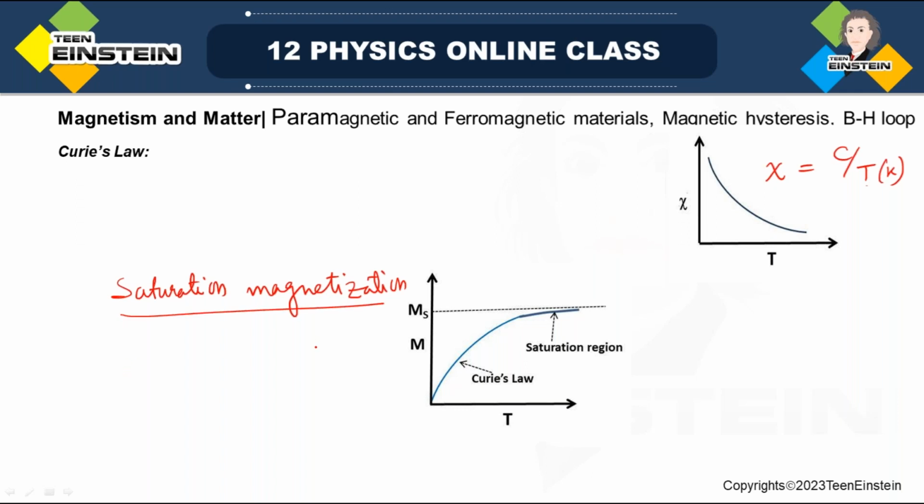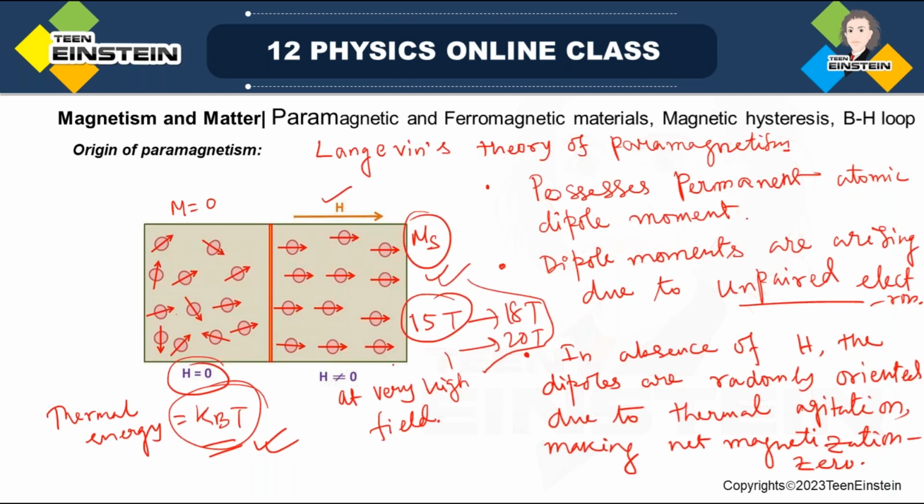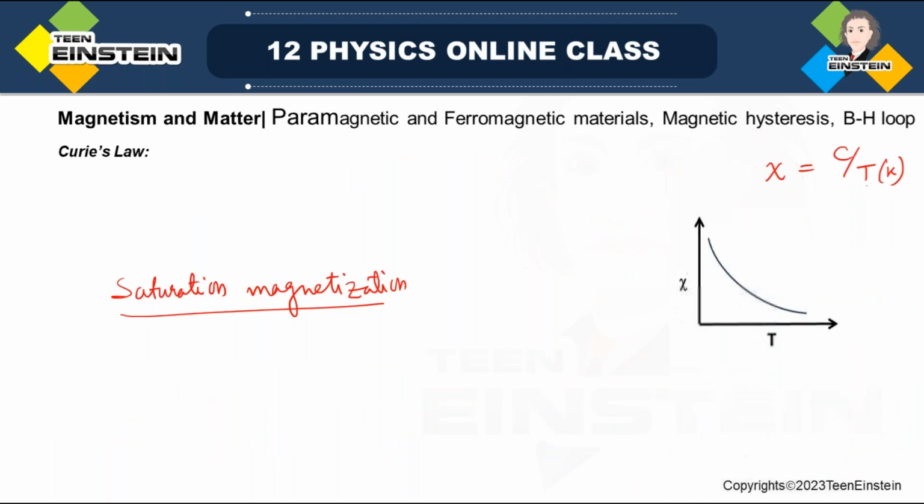Saturation magnetization is the situation when all the magnetic dipoles, the atomic dipoles, are oriented in the field direction. Then even if you increase the applied magnetic field, there is no increase in magnetization.